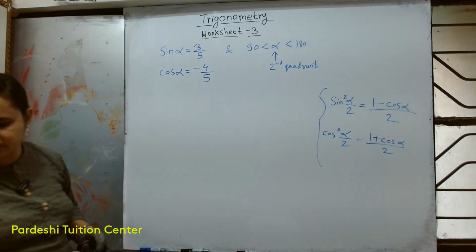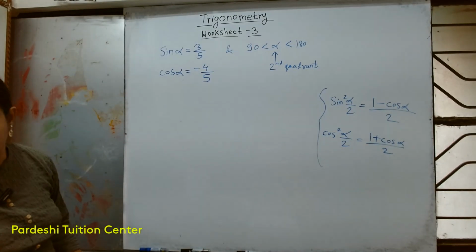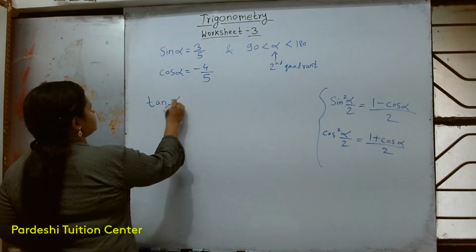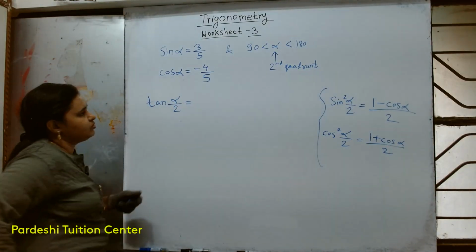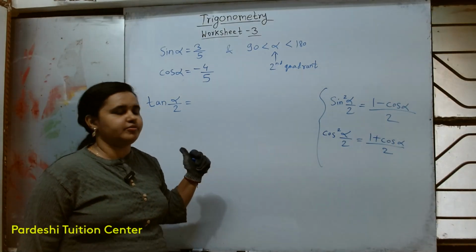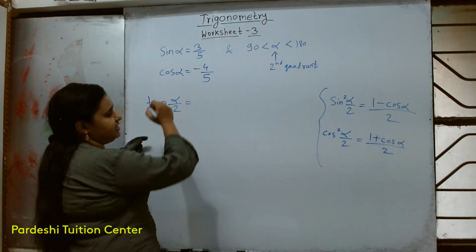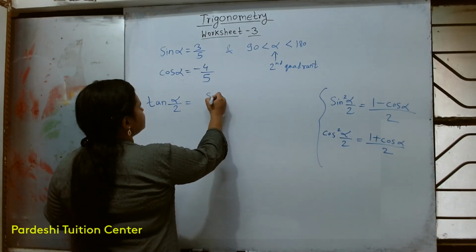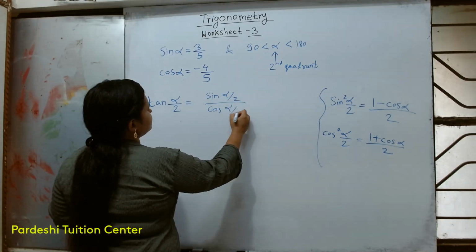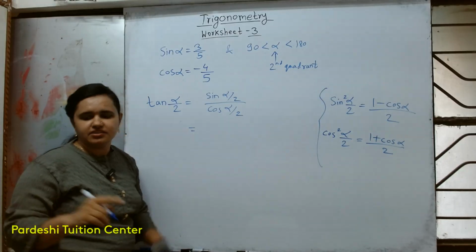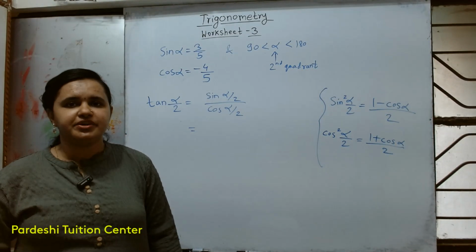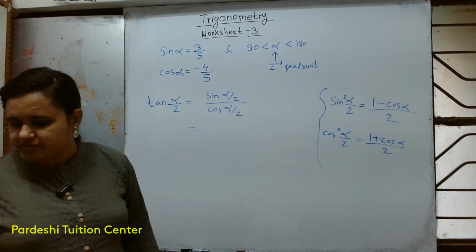Now next is tan alpha by 2. We have just calculated sin alpha by 2 and cos alpha by 2. Tan is the ratio of sin upon cos, that is sin alpha by 2 upon cos alpha by 2. We have just calculated the values in A and B, so we can directly put in the values.